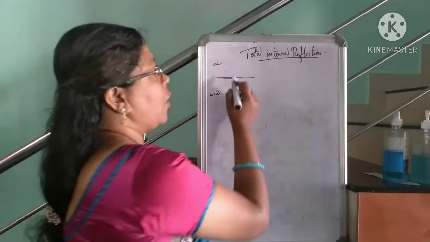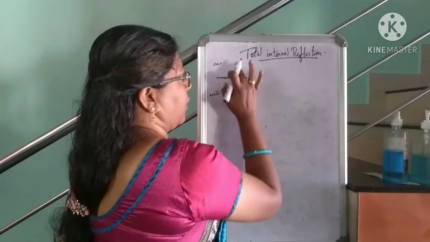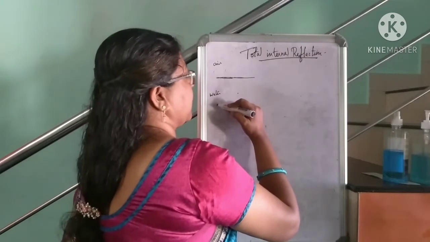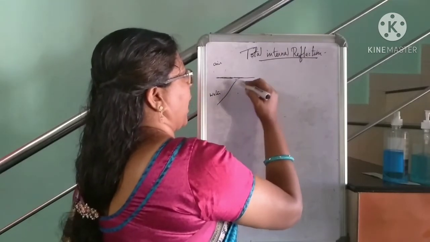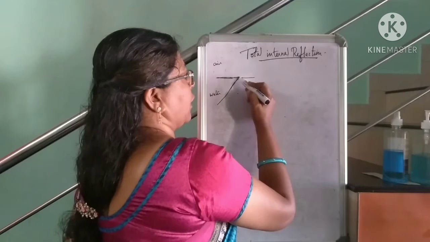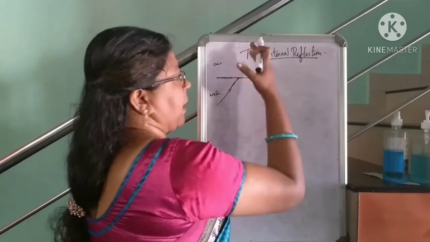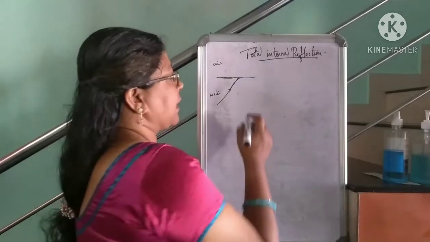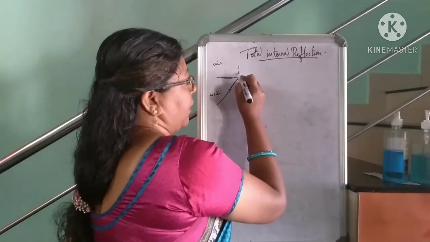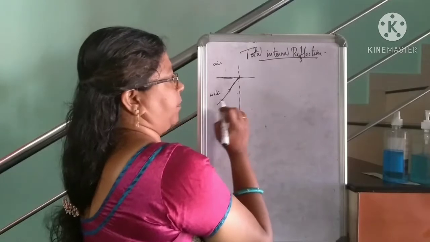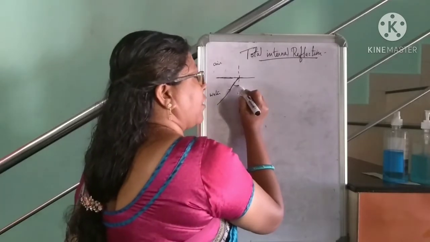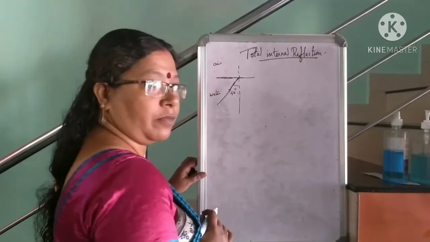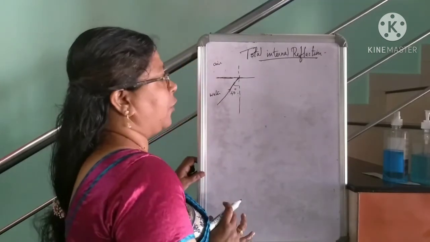You draw a normal here. Suppose a ray of light travels through water and passes onto the air. This is the normal drawn here. Suppose the angle of incidence is 40 degrees.